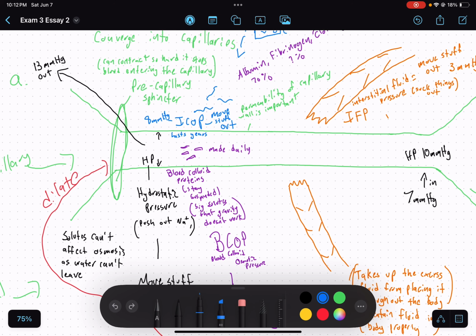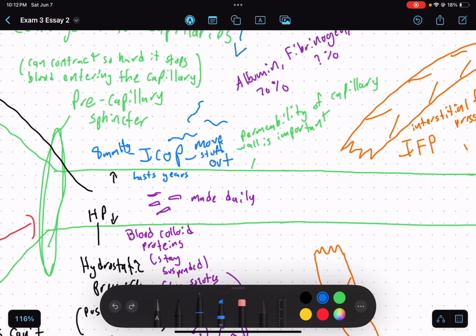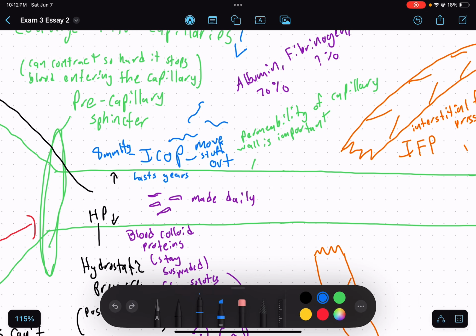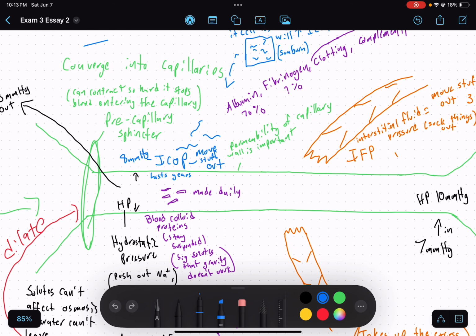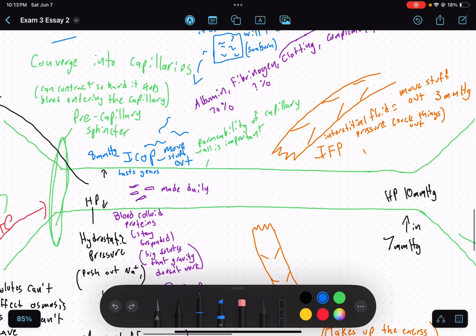And hydrostatic pressure is going to be the pressure that pushes fluid out, but it doesn't control the movement of water, because the movement of water, H2O, is going to be based on the solutes that are within the capillary and without the capillary.